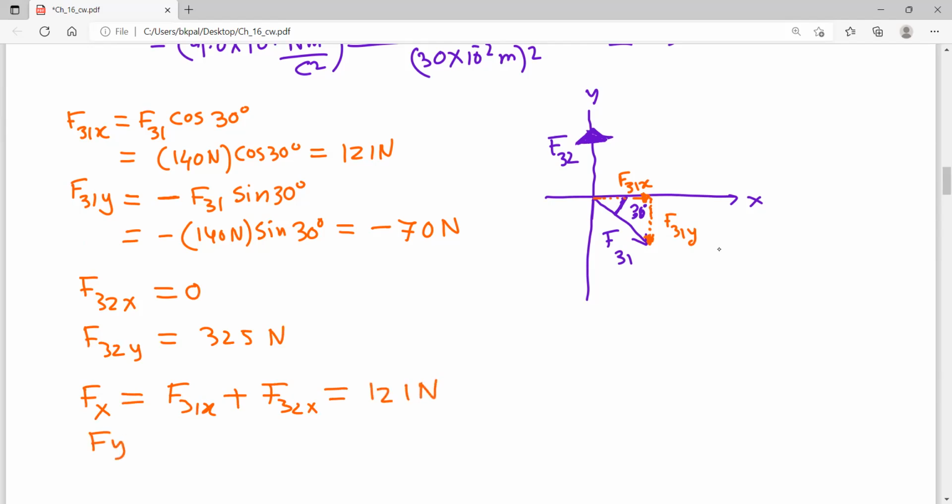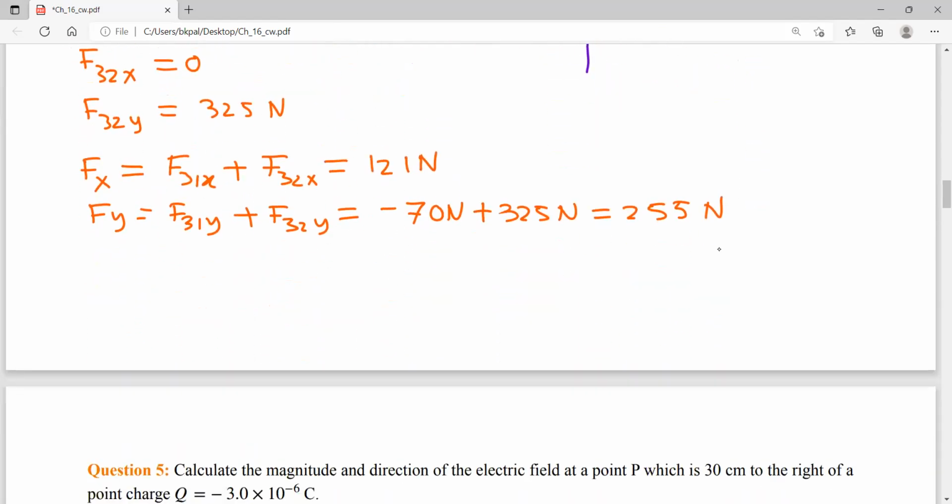And then Fy will be F31y plus F32y, which is minus 70 Newton plus 325 Newton, and that is equal to 255 Newton. Now what is the net force? Net force is F equal to square root of Fx square plus Fy square.